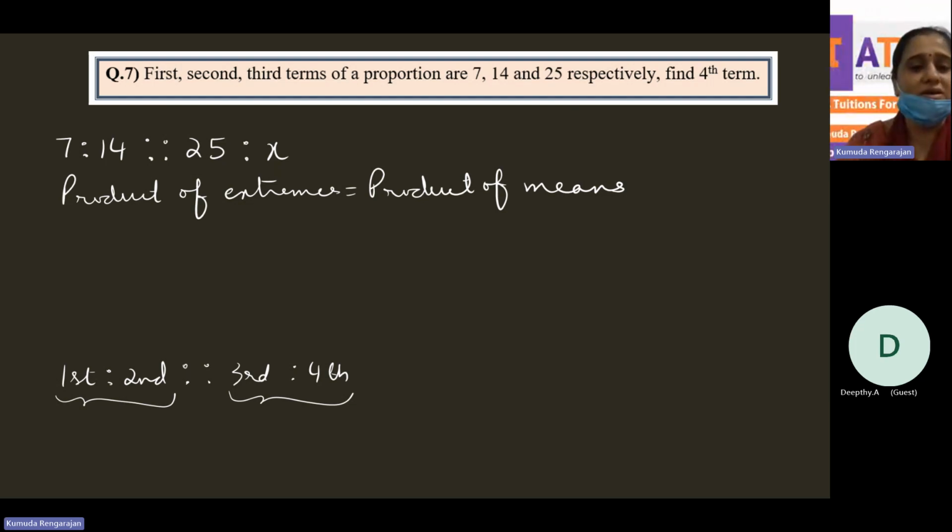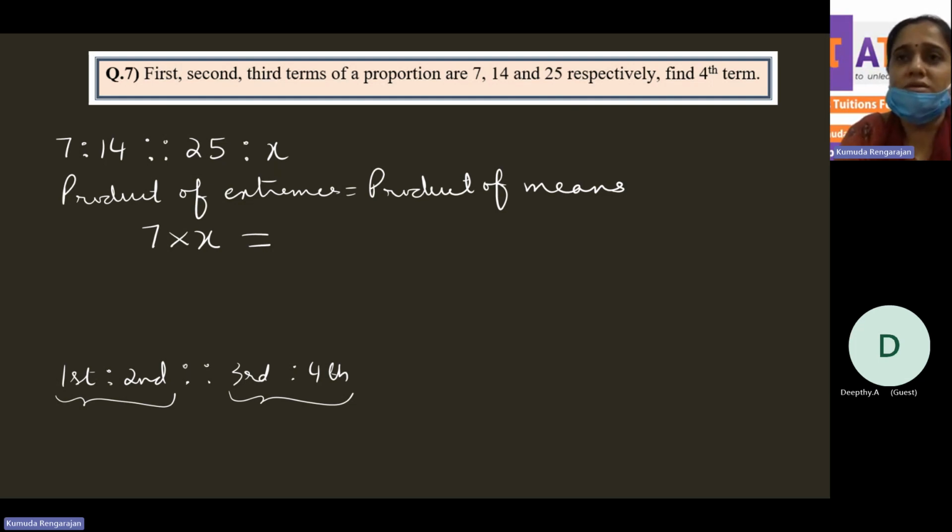So what should I write here? For product of extremes, what should I write? Which are the extremes? 7 and x. Product means 7 into x is equal to, no, let me finish one.